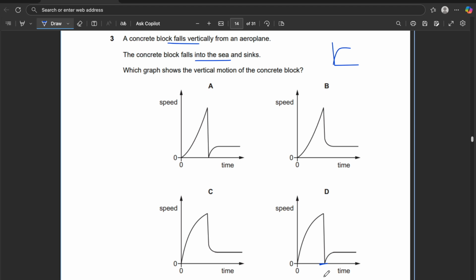You can consider dropping something into the water. It will not stop midway, right? It will reach a constant speed, and after some time, it will definitely not just stop midway if it's going to continue going down. So D cannot be the answer. So it's C.